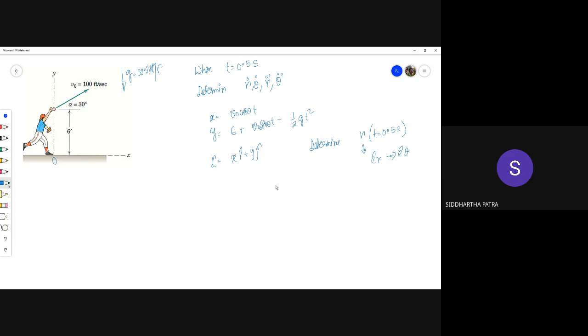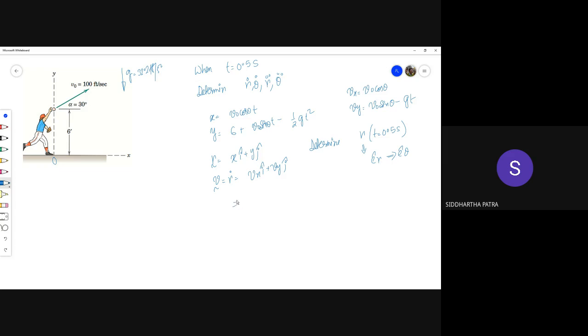Also Vx is V0 cos theta, whereas Vy is V0 sine theta minus g times t. So you can also know V equals r dot as Vx i plus Vy j.